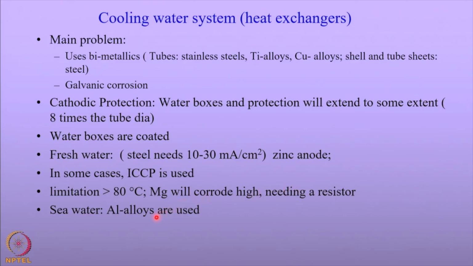Whereas in the case of seawater, aluminum alloys are used. The heat exchangers sometimes use impressed current cathodic protection systems as well, but it is better to use sacrificial anode systems because they are easier to maintain.